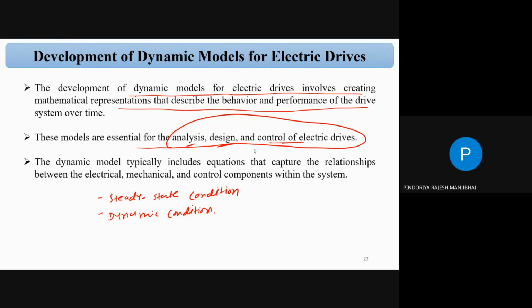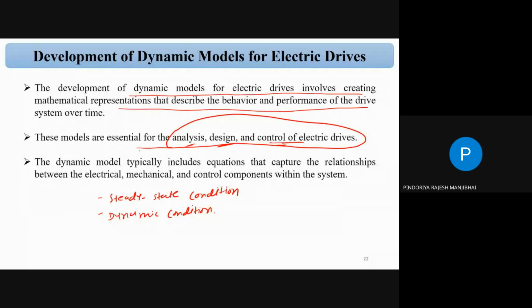Suppose you want to design a 1 kilowatt motor, otherwise a 1 kilowatt drive. First we have to analyze, and once the analysis is done and you are satisfied with it, then we work out the design, how we can design these drives. Once you design, then we have to practically use these drives in the practical application. So we have to do the control.